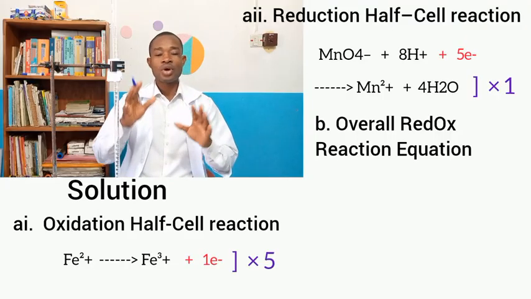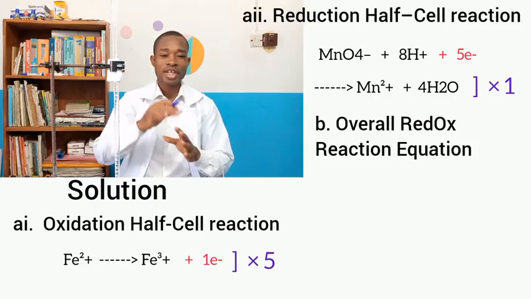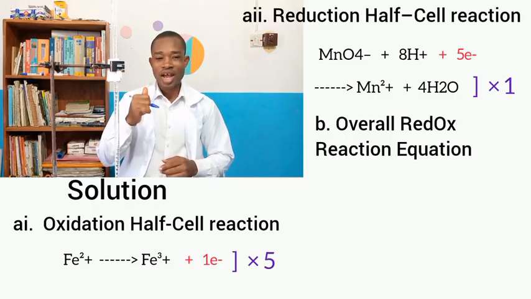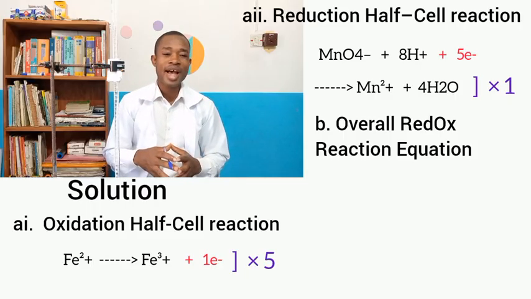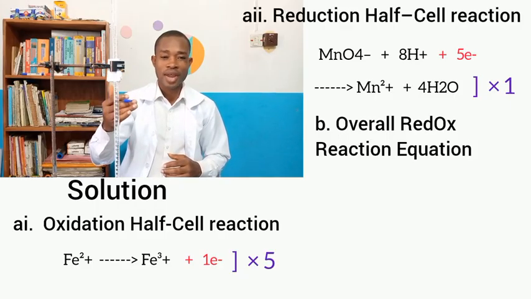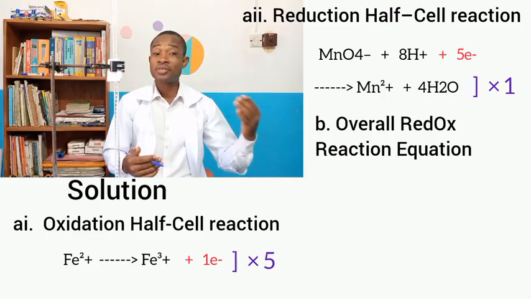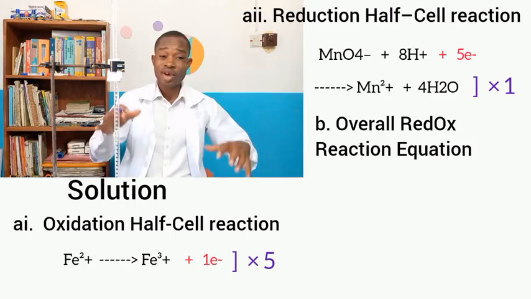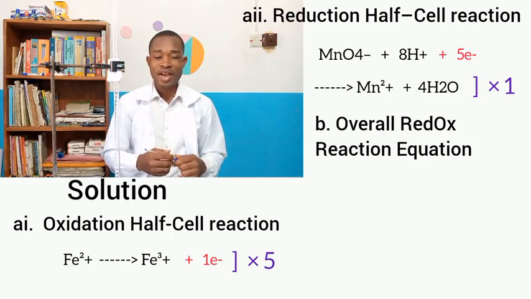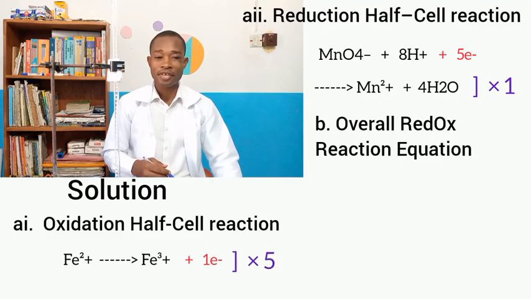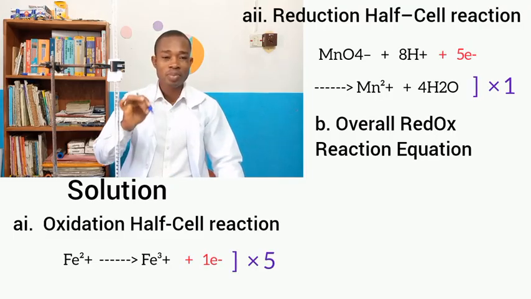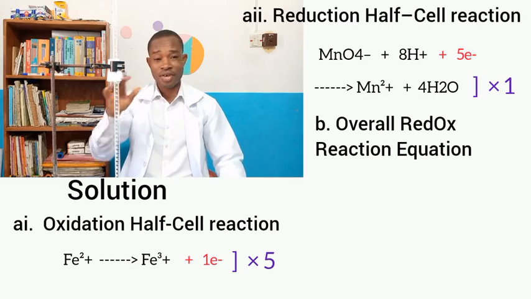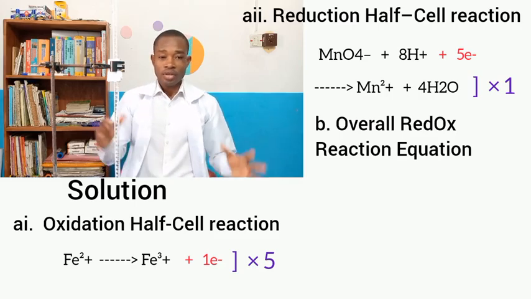Good. We'll go to our original oxidation reaction equation, our oxidation half cell reaction equation. Remember that we have iron 2 ion in the reactant being oxidized to iron 3 ion in the product plus 1 electron added to balance up the oxidation number. And we said that you have to multiply that equation by 5, which means that the 5 will multiply each species in the reactant and in the product.